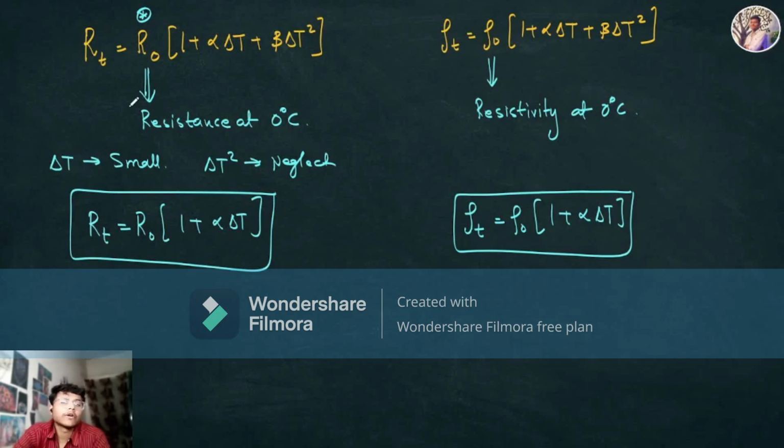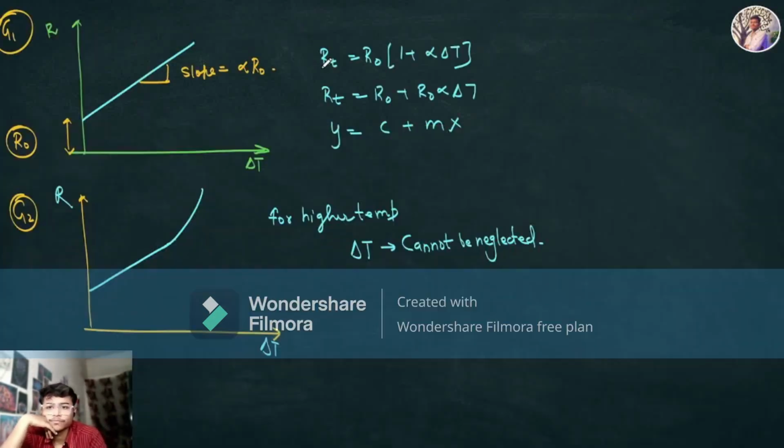Rt is equal to R naught times 1 plus alpha delta T plus beta delta T squared. You can ignore the beta term, as these are higher order terms. You can learn only the first part. You don't have to take much tension. So what does this graph look like?